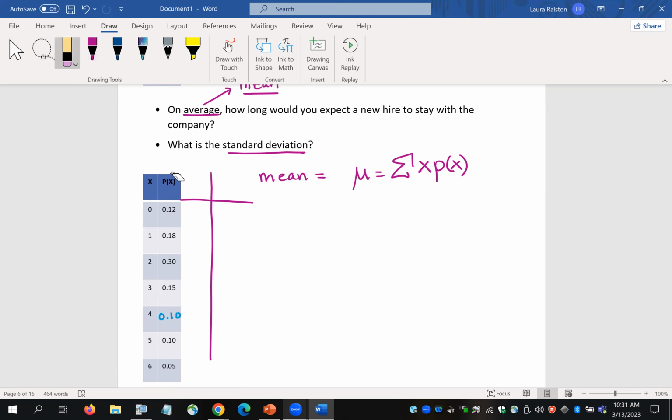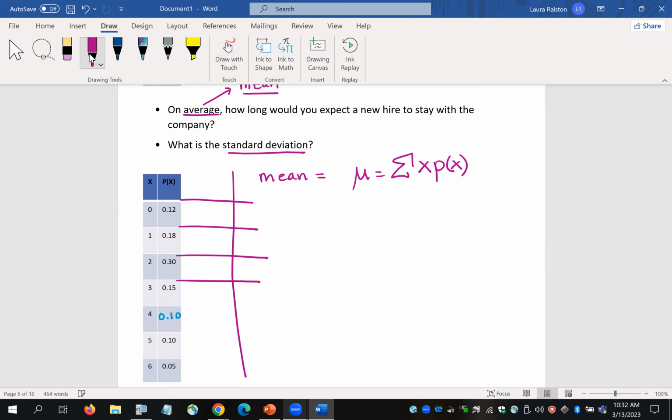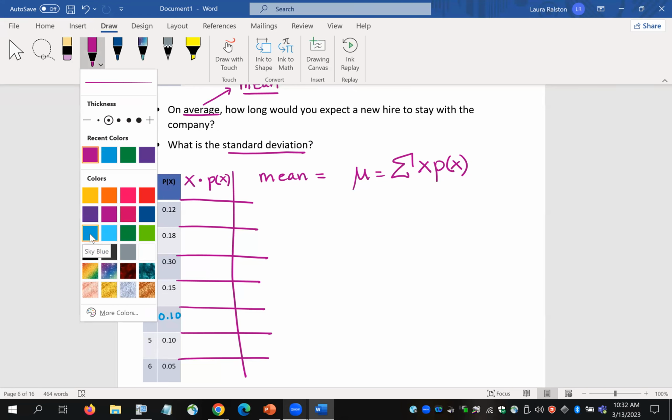Hold on just a second. I'm going to add a column to my table. And I'm going to multiply the X times P of X. And I'm going to write it out for you.